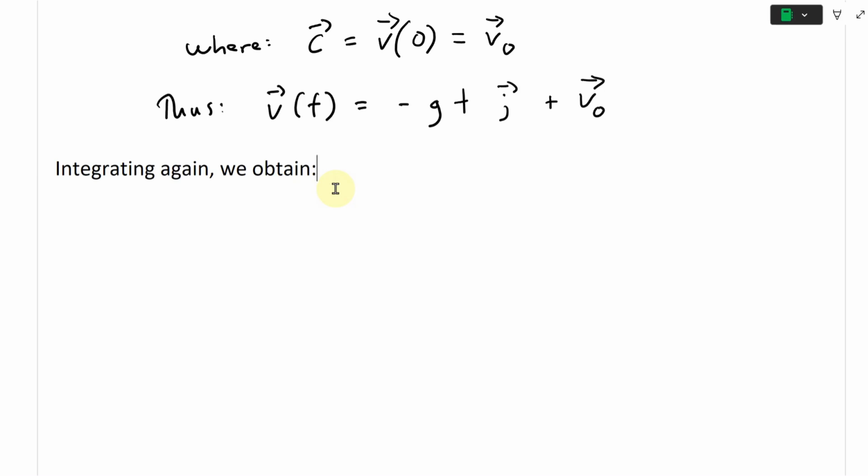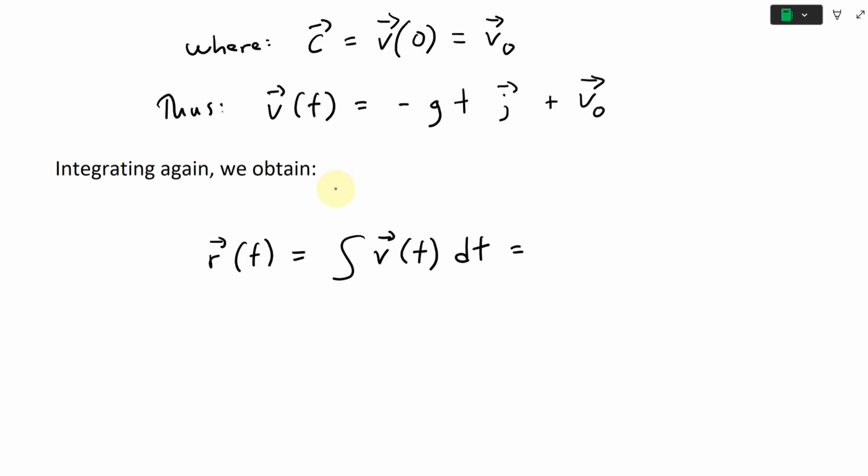I'll just put it like this: r of t is equal to the integral of the velocity dt, and this equals the integral of negative g t j plus v naught, with a bracket around it.